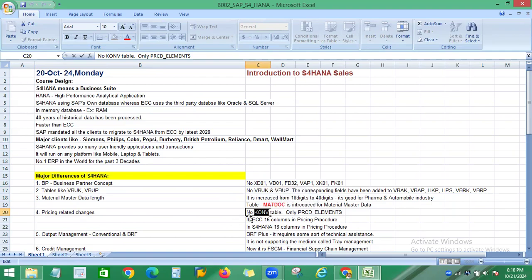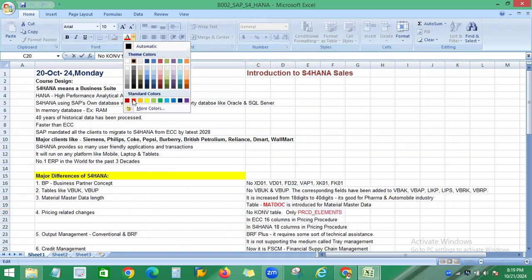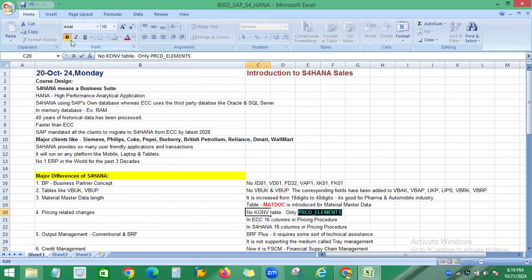However, the KONV table is replaced by PRCD_ELEMENTS in SAP S/4HANA. This is the new table introduced in SAP S/4HANA.